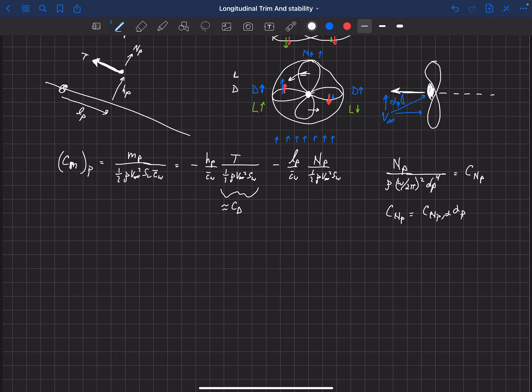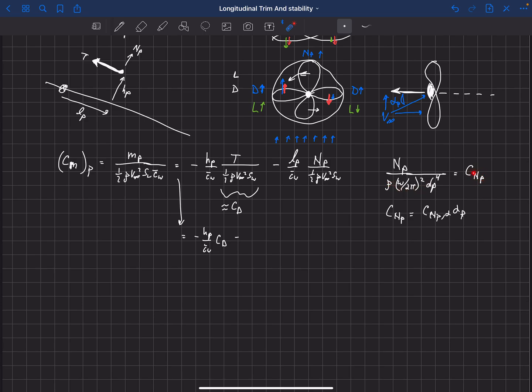So let's plug all of this back into this main equation here. So let's come down here. We're going to have minus H sub P over c bar wing times the drag coefficient minus, and I'm going to rearrange the stuff just a little bit. Instead of this N_P, I'm going to substitute in this non-dimensionalized information multiplied by our coefficient from the propeller.